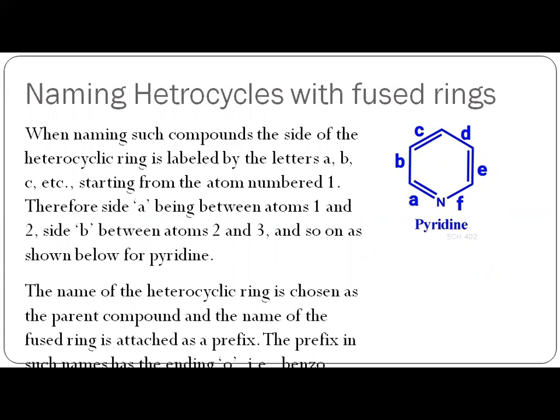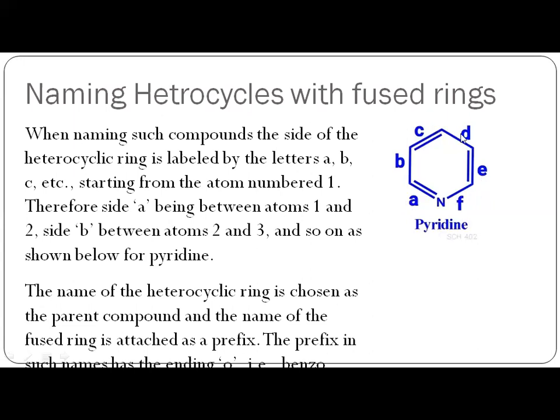If we have fused ring compounds, how are we going to name those heterocycles? We are going to see it here. First, when naming such a compound, the sides of the heterocyclic ring are labeled by the letters A, B, C, etc. So we have to start with A, B, C. After that, starting from the atom numbered 1, side A lies between atoms 1 and 2, side B between atoms 2 and 3, and so on, as shown on the pyridine.